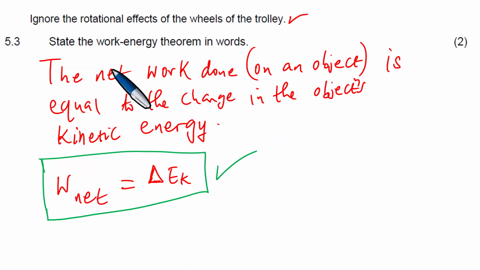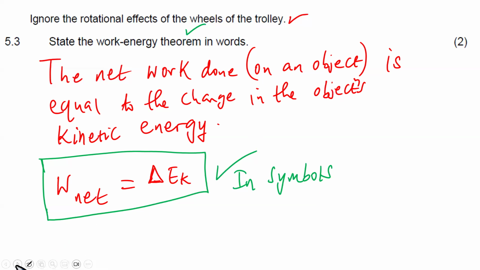So in other words, the work energy theorem, please listen carefully. This is how you need to state it in the exam because they ask this most of the time. The net work done on an object is equal to the change in the object's kinetic energy. And this one is in symbols, but the statement here is the statement in words.